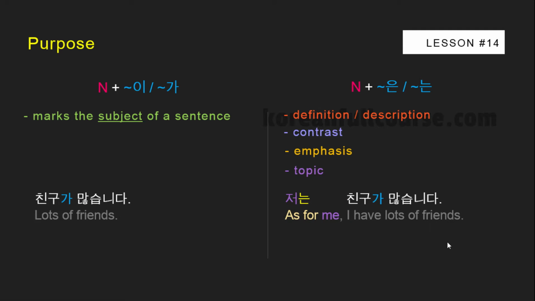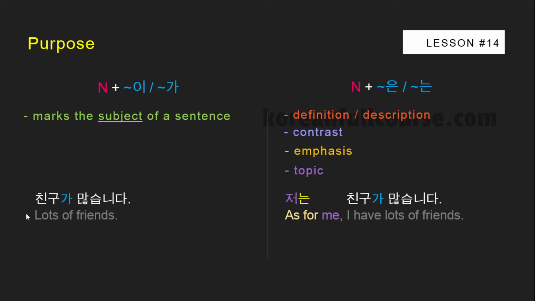Also, very often you will see this kind of sentences where you have both 는 and 이가. In such sentences, the parts of speech with 는 are the main topics which you want to describe. For example, look at this sentence. 친구가 많습니다. This sentence is grammatically correct and it simply says that there are lots of friends. But who has lots of friends?